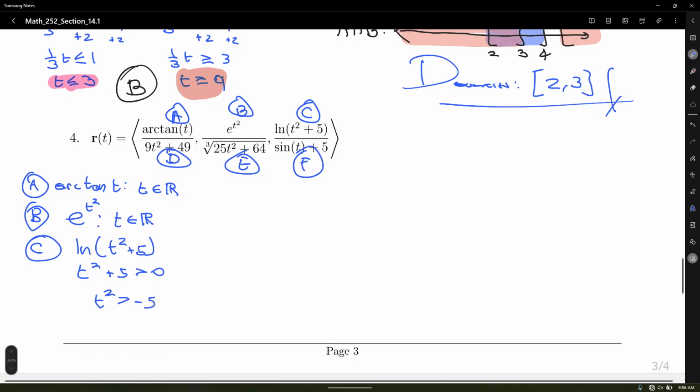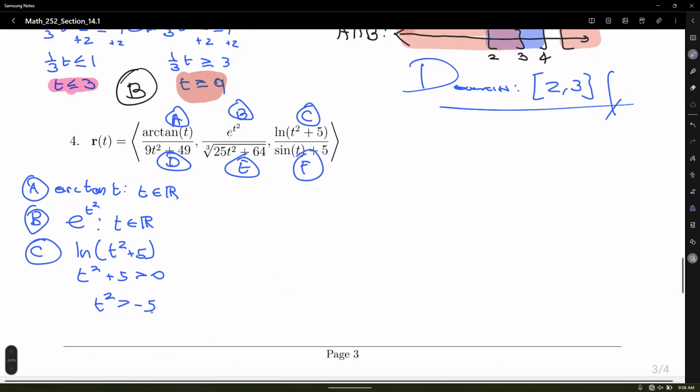Think of this statement: what number squared is greater than negative 5? All real numbers, because any number squared is going to be positive, and every positive number is for sure greater than a negative number, right? Yes. So that means t is all real numbers, okay?